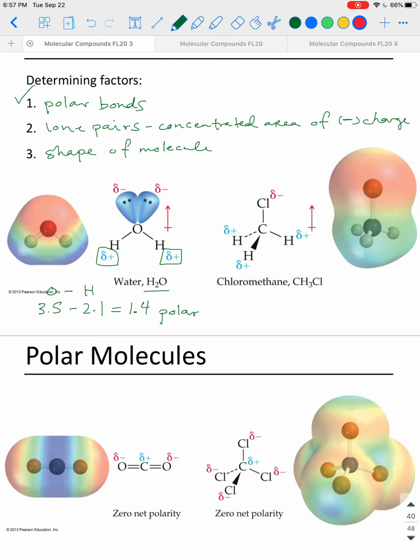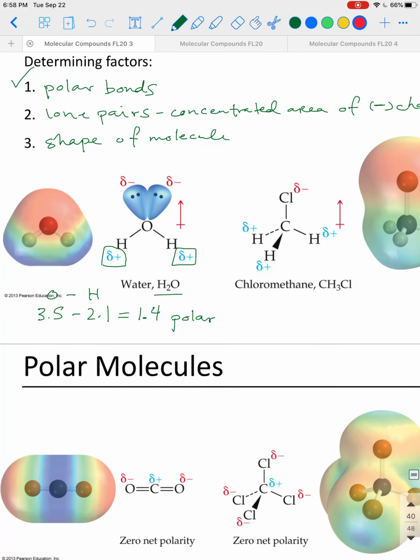We also have lone pairs, and instead of putting the partial negative sign on the oxygen, we just go ahead and put them on the lone pairs because we know that's where the negative charge is. Okay, we know that's where the electrons are. And if that's the case, if you can draw in one portion of the molecule as partial positive, another portion of the molecule as partial negative, then what you can also do is draw in this little symbol here.